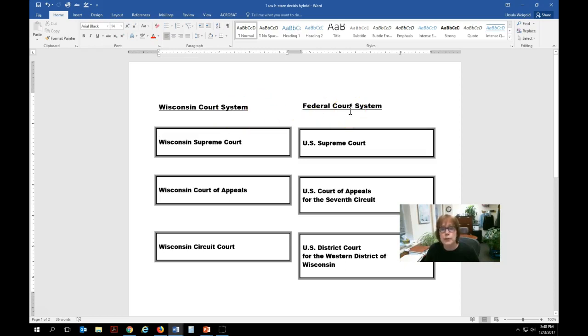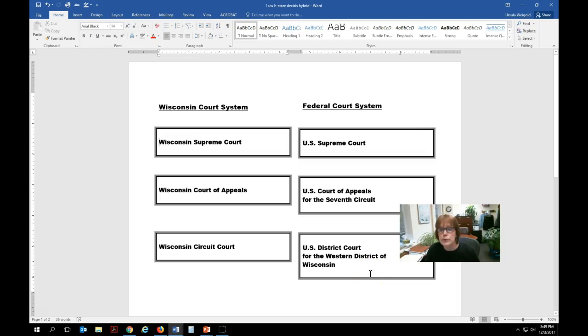So for example, in the federal court system, in a diversity jurisdiction case, you might be in the United States District Court for the Western District of Wisconsin, but even though that's a federal court, if it's a diversity case, the judge will be applying state law, so Wisconsin state law in this example.